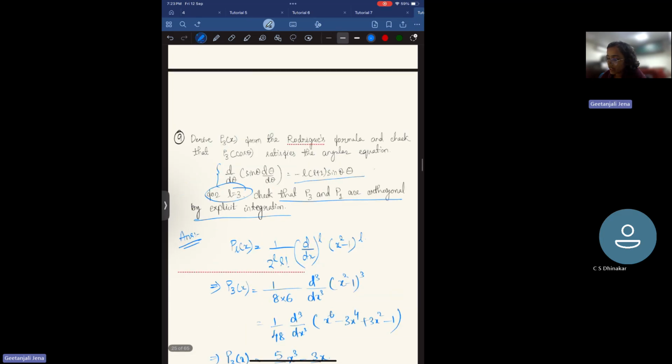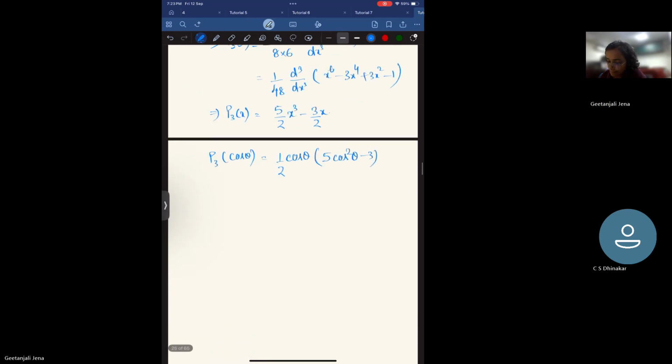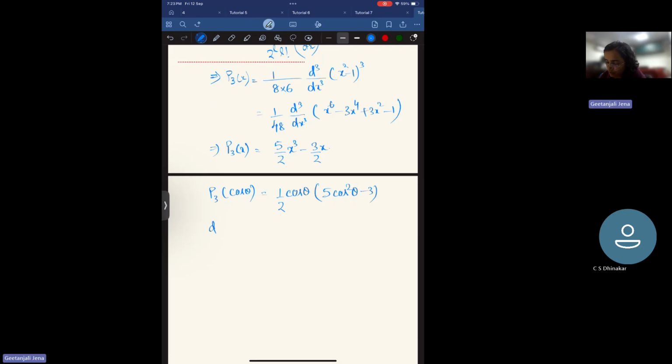So we need to verify this. If you calculate dP3/dθ, this will give half of -sin θ (5cos²θ - 3) plus cos θ times (-10 cos θ sin θ).